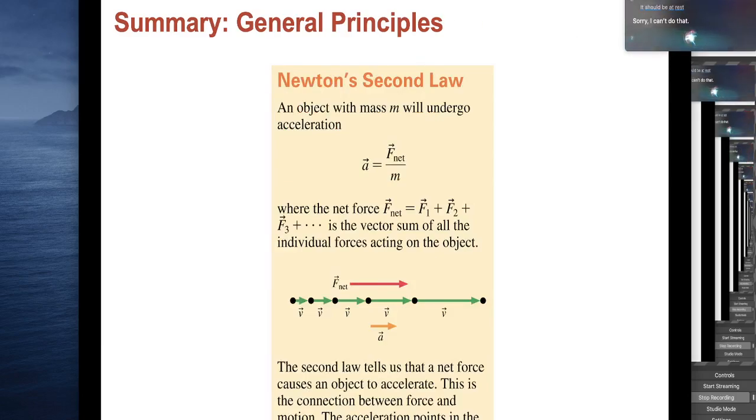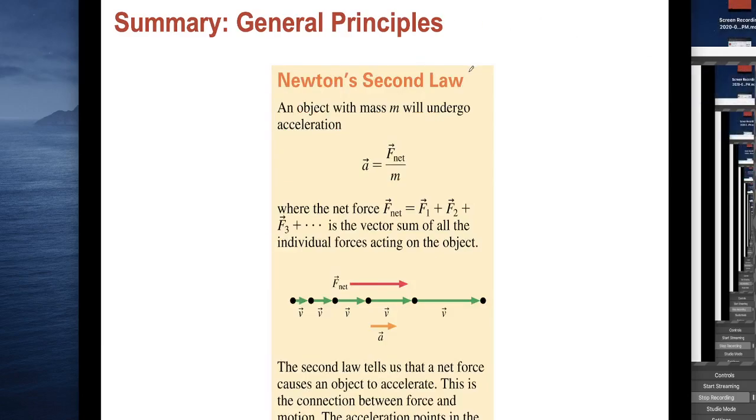And then we learned Newton's second law. It tells us the net force is in the same direction as the acceleration and they're in a proportional relationship. Sometimes we write the equation in another format, which is net force equals ma.